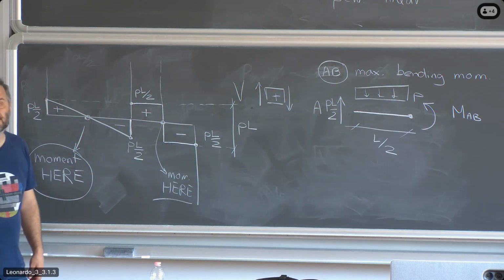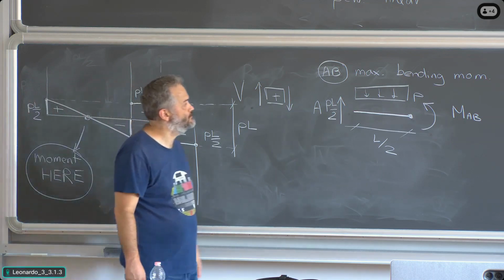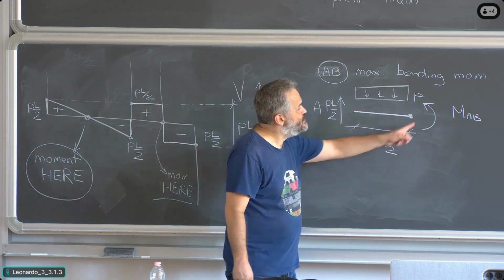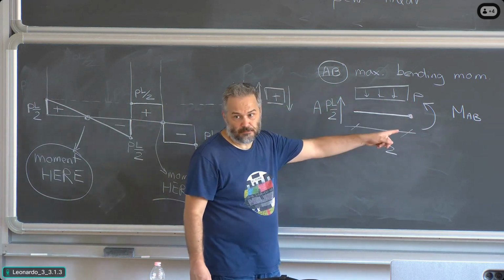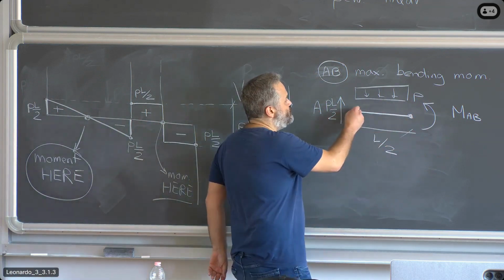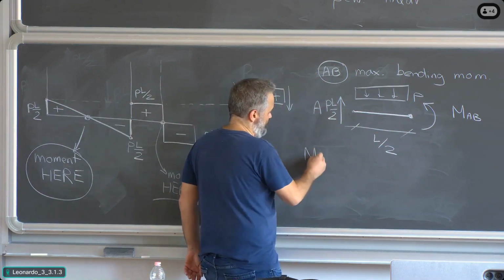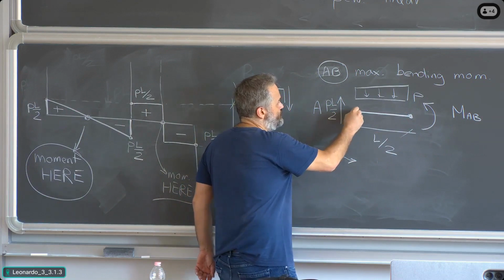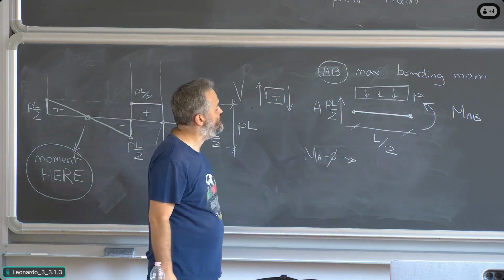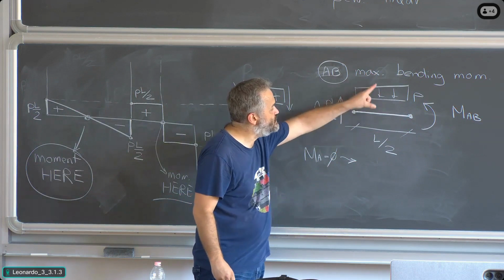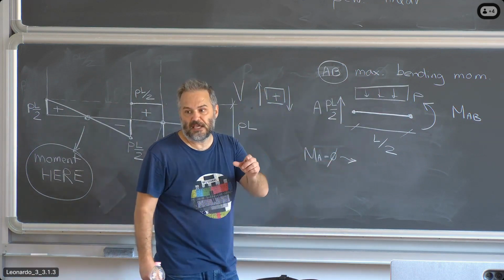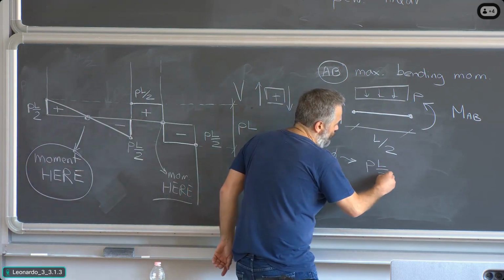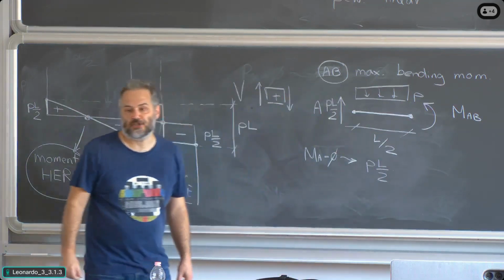Which is the most convenient equation we can write on this beam, since we want to have MAB? Since the shear force here is 0, the most convenient equation is MA equals 0. So I'm going to write rotation equilibrium with respect to this point. We have the contribution of the distributed load, whose value is P times L divided by 2, with the lever arm, which is how much?